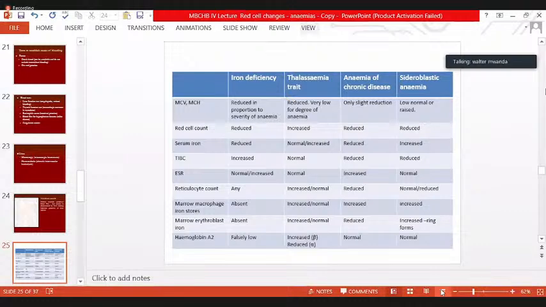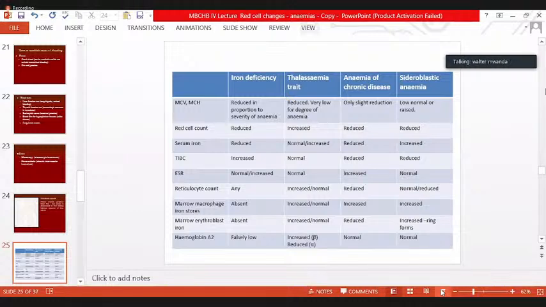However, it tends to be increased or even normal in thalassemia as well as in sideroblastic anemia. In anemia of chronic disease, it is more the underlying cause that will determine the level of serum iron.